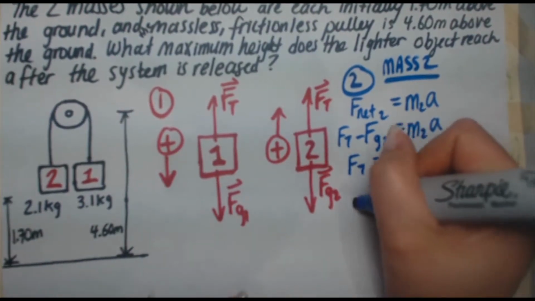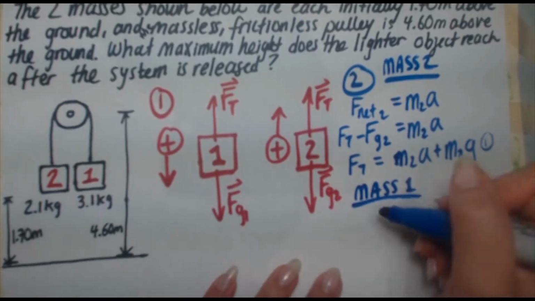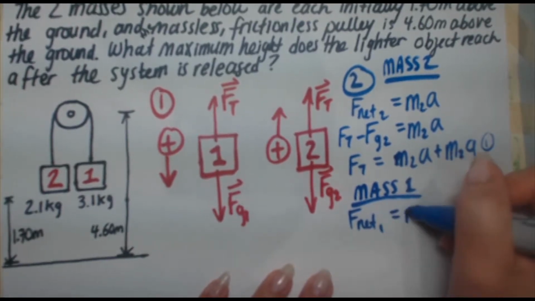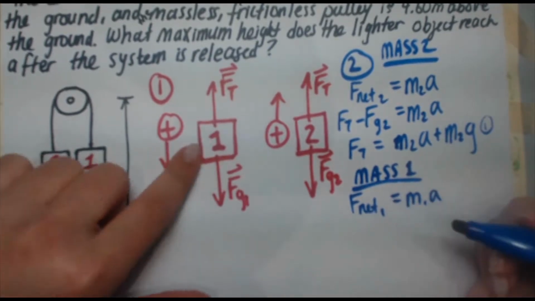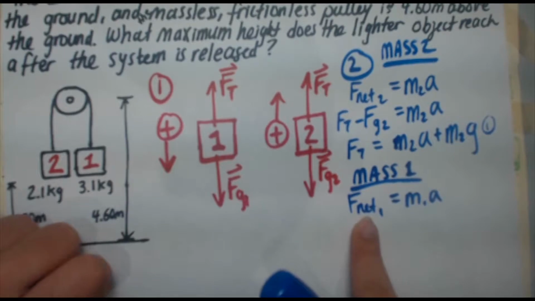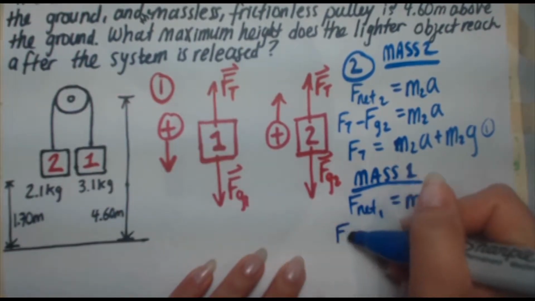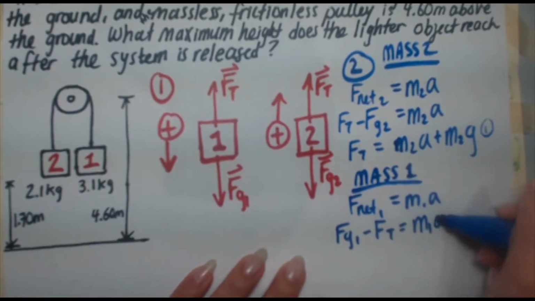So the next logical thing would be to do the same thing for mass 1. So for mass 1, I'm going to do F net 1 equals m1a. Again, no subscript for the a. Now, for object 1, downward is the positive direction. So we replace F net 1 with Fg1 minus Ft. Fg1 minus Ft is equal to m1a.